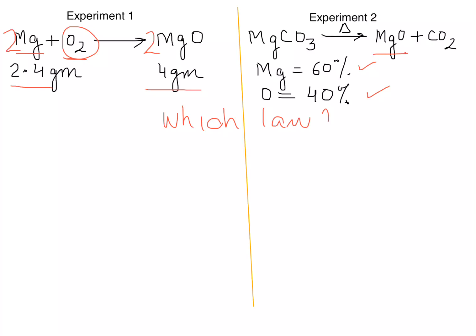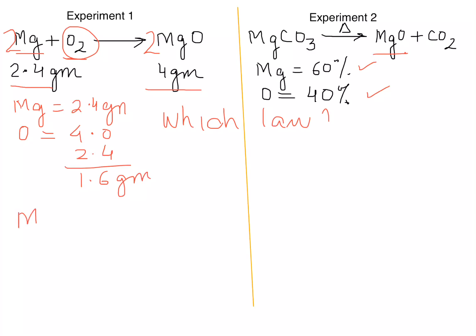Because we know it's a law of definite proportion because that's the only law we've done till now, right? So first of all, we know that over here magnesium is 2.4 grams. Magnesium oxide is 4 grams. So what is the weight of oxygen that you've got over here? Perfect. 4 grams minus 2.4 gives you 1.6 grams.